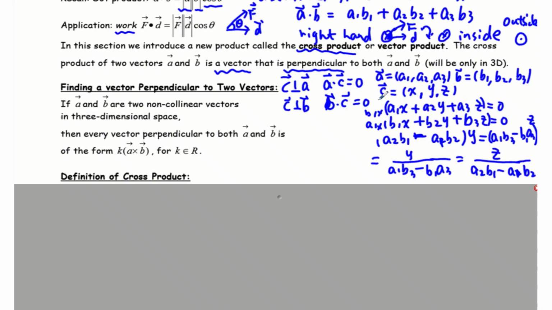And if we multiply and get rid of the other variable and leave the x here, we are going to have x divided by A2B3 minus A3B2.